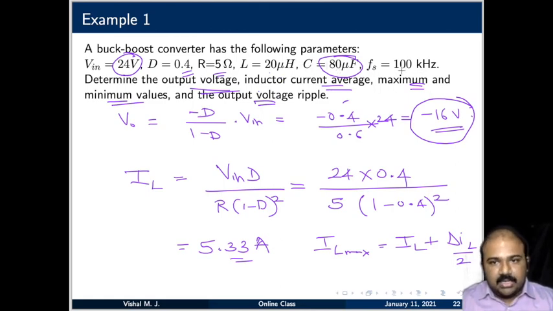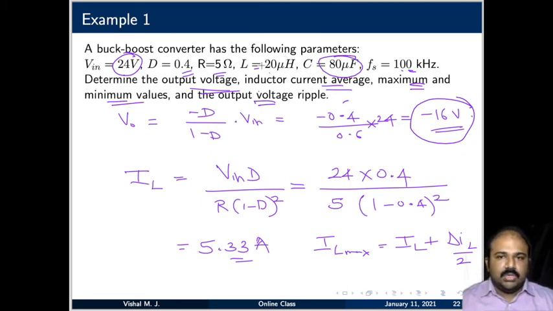Similarly, instead of 100 kilohertz, if I go for 200 kilohertz, definitely this will come down. L and C both will come down. But then you will need a DSP or a dedicated processor which can produce 200 kilohertz and do all the calculation in a closed loop. So there is a trade-off between the maximum frequency you can use and the minimum size of the magnetic components.